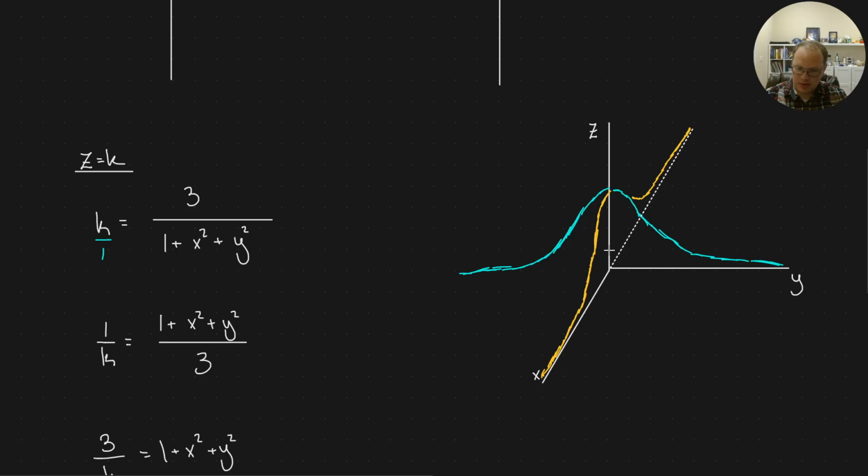I didn't draw it super well. Maybe I'll just draw it by hand. And we get circles for different values of Z. The lower the Z value, the bigger the circle.